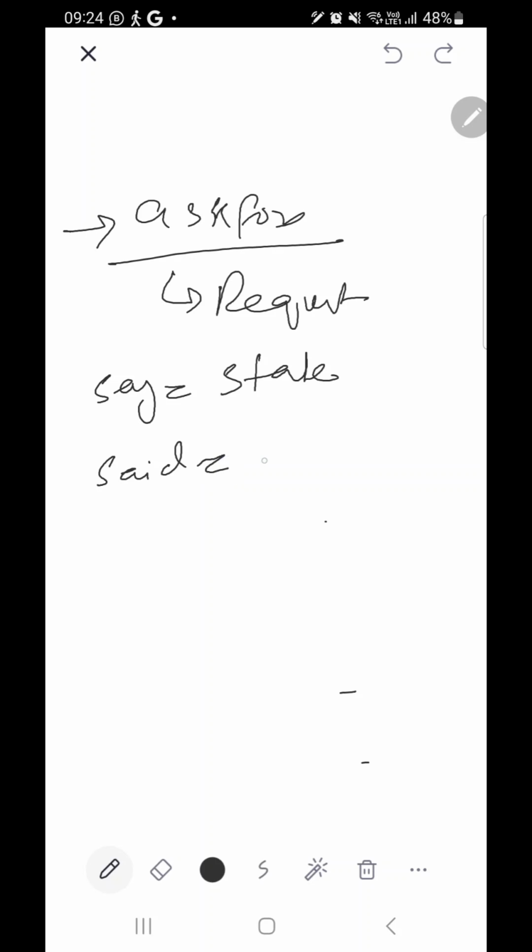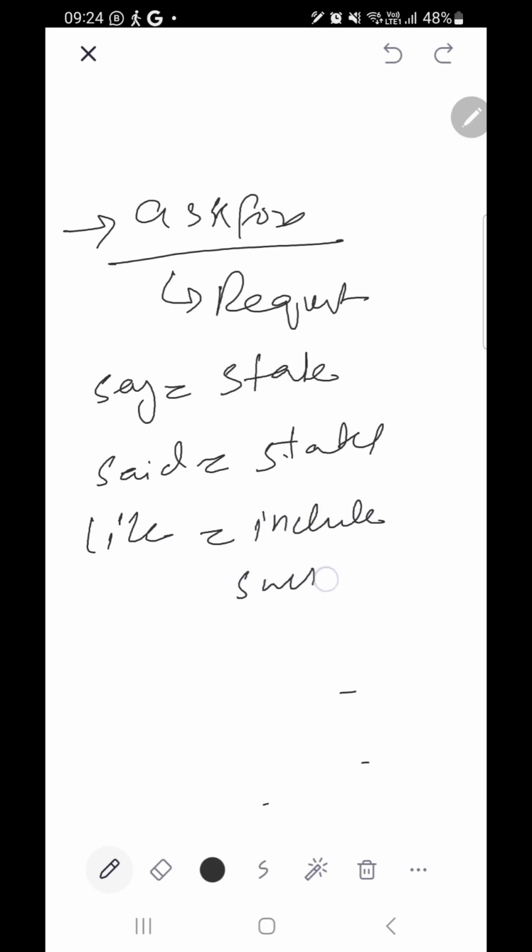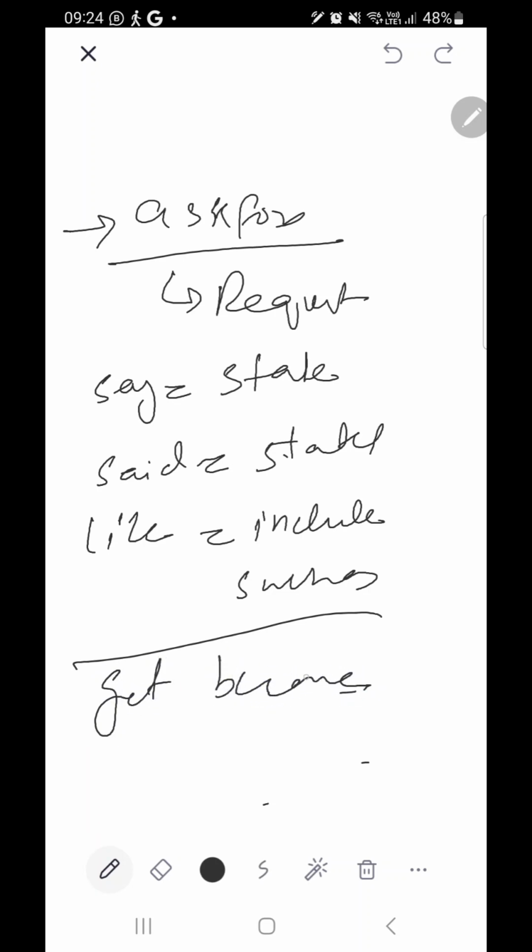Said, to be replaced with stated. Like, to be replaced with include or such as, right? Get, to be replaced with become or became.